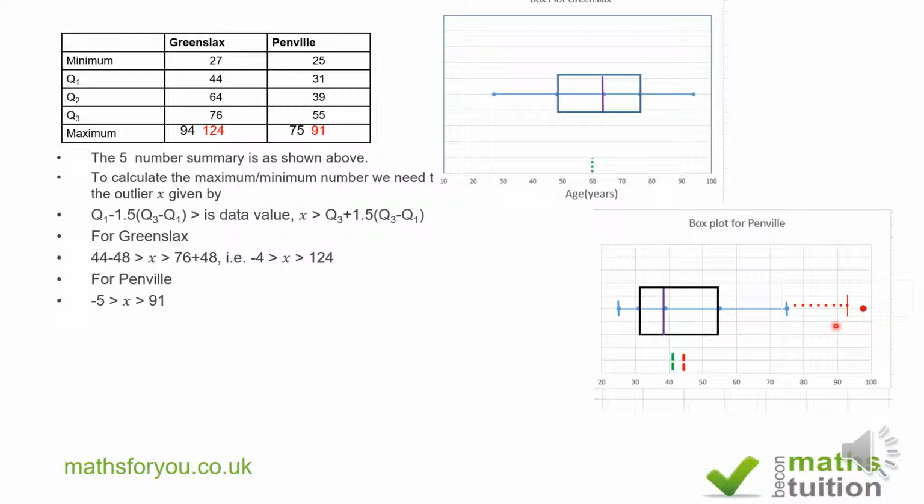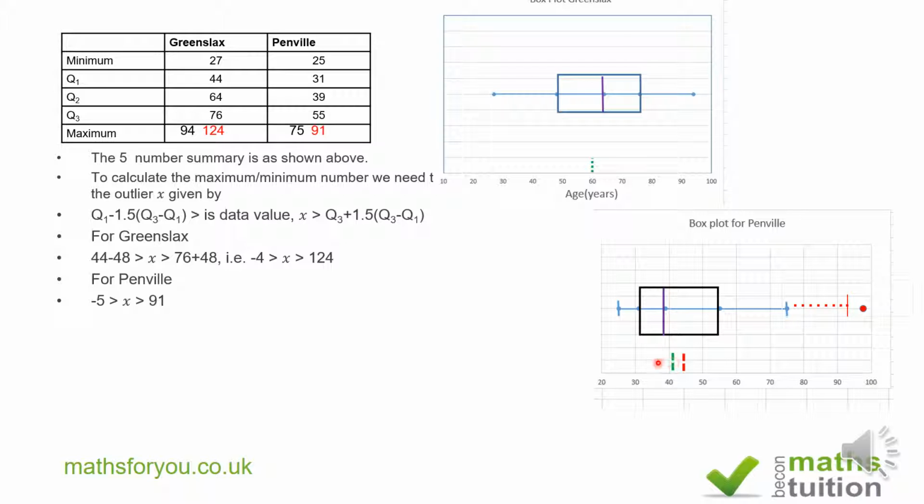You cannot have both. You can't have both. Now note here that in our distribution for Penville, there is a gentleman or a lady who is 99 years old. So he or she is outside the outlier, and that's indicated here. So that's 99 there.